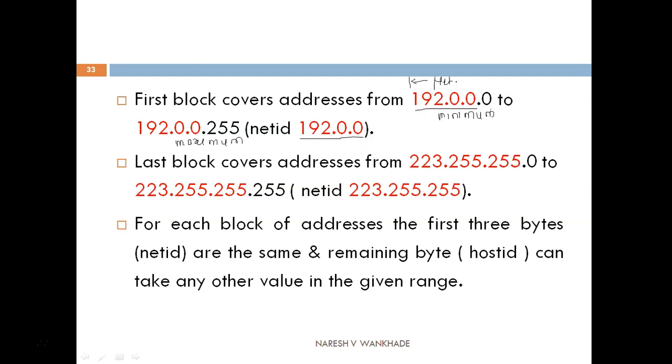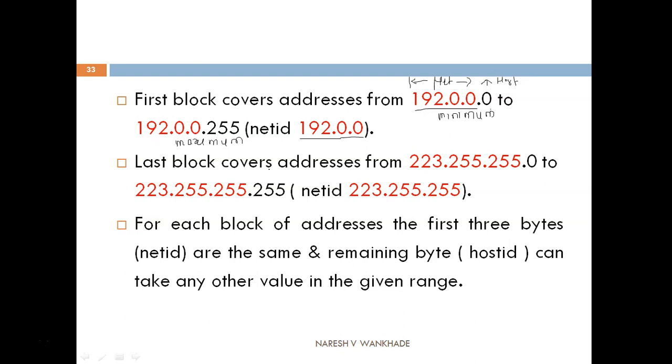Here these 3 bytes shown in this color belong to the net ID, and the remaining byte belongs to the host ID. So 3 bytes net ID and 1 byte host ID.